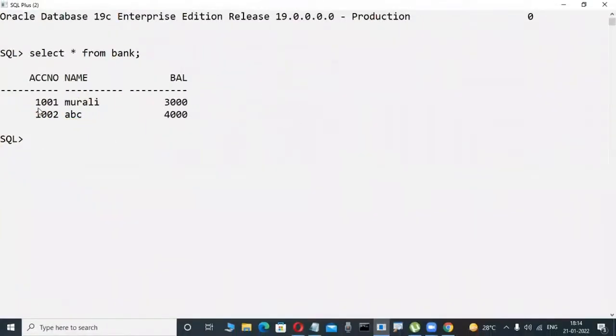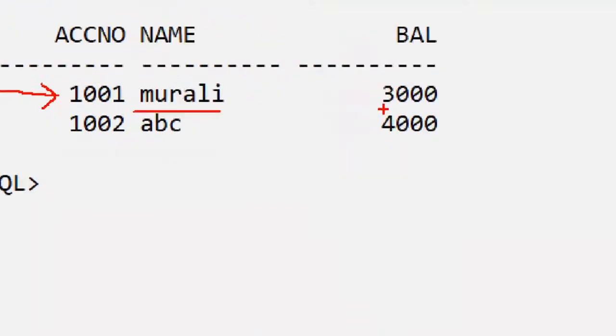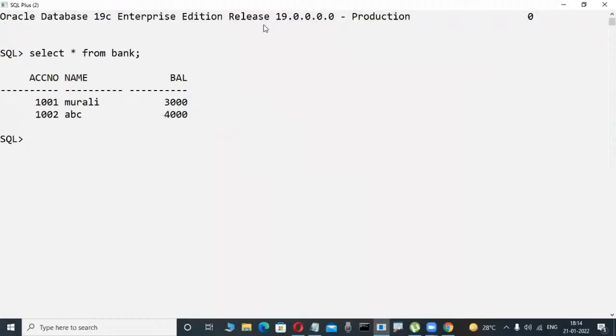Suppose this data, observe for one minute. 1001 is an account number. My name is Murali, I'm an account holder. My balance is how much? 3,000. My balance is 3,000, for example.